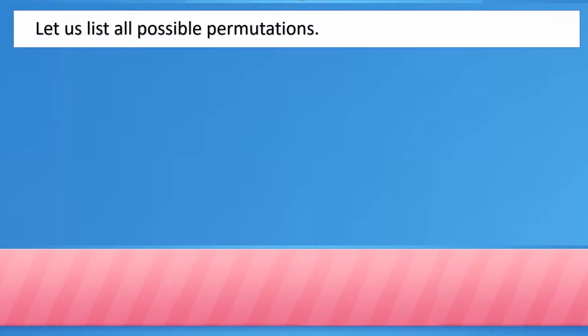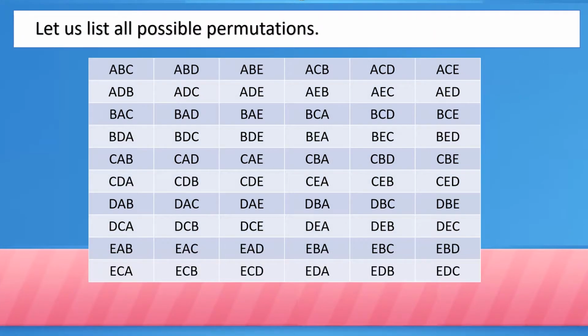Let us see all the possible permutations. As you can see here, in each of the columns and rows, there are possible people that can be elected as the president, vice president, and secretary. Let's try the first example. In this case, A is for Andrew, B is for Brian, and C for Charlie. Andrew is the president, Brian is the vice president, and Charlie is the secretary.